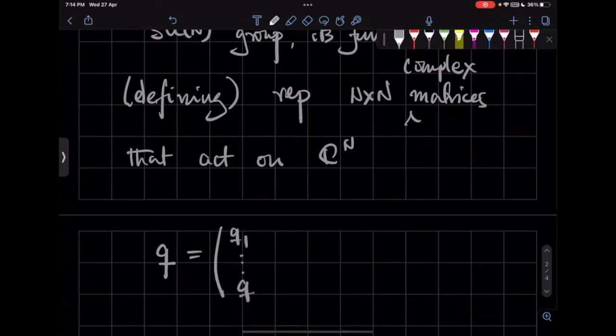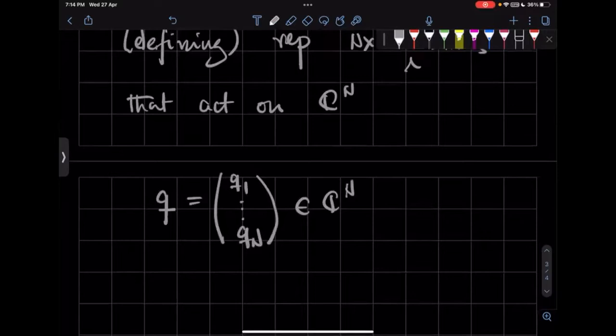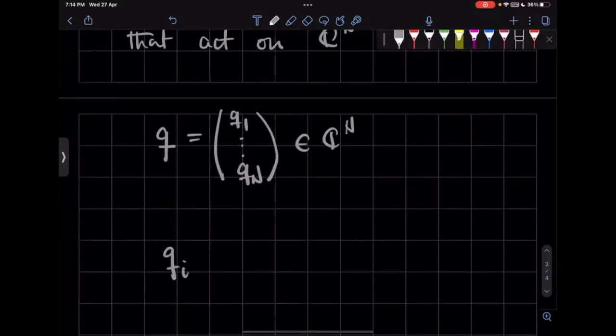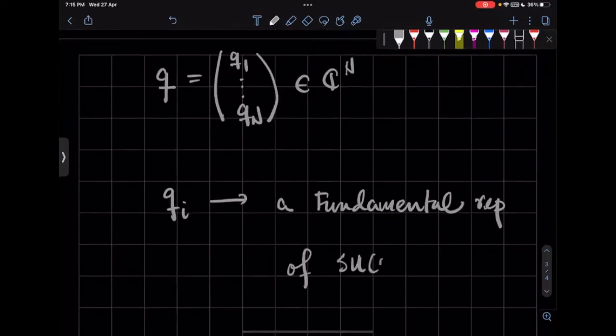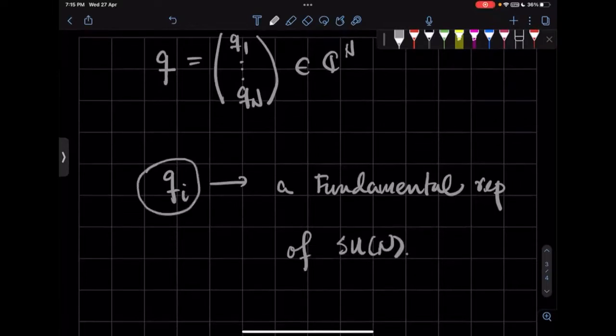n-dimensional vector in Cn, we shall write Q as Qi. Qi is a fundamental representation of SUN. Okay, is this clear? Qi is a column of n numbers.